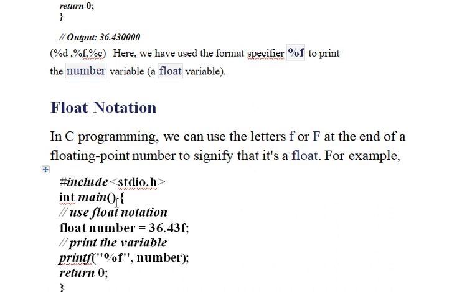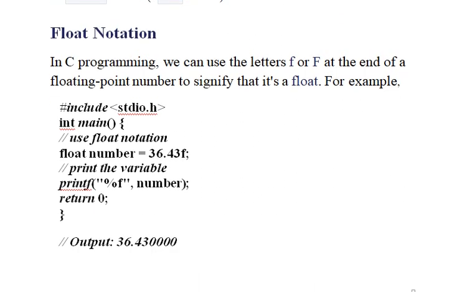Int main is the main function with the brackets. I said the open bracket and close bracket indicate a function caller, function parameter. And the braces are used for starting and ending more than one statement, to execute it in the output.